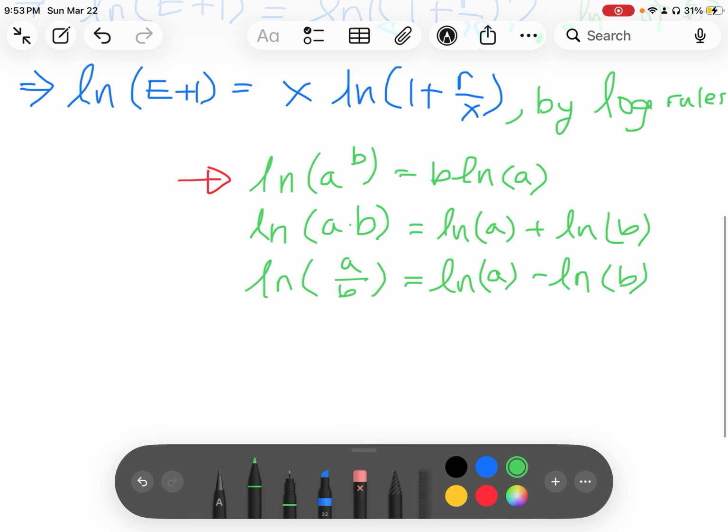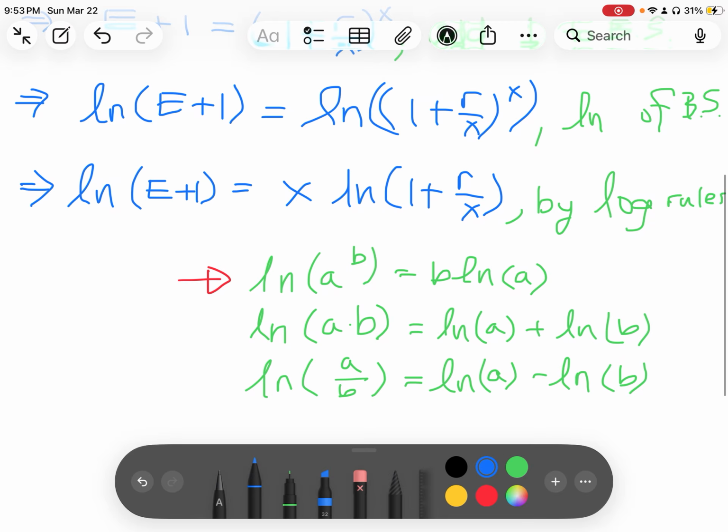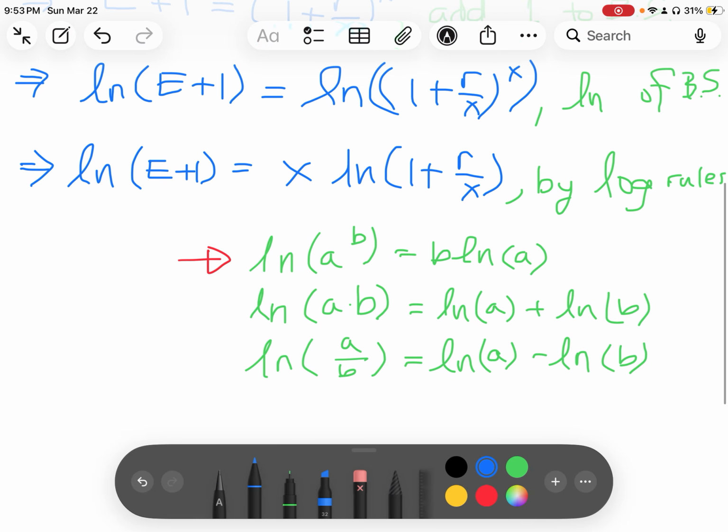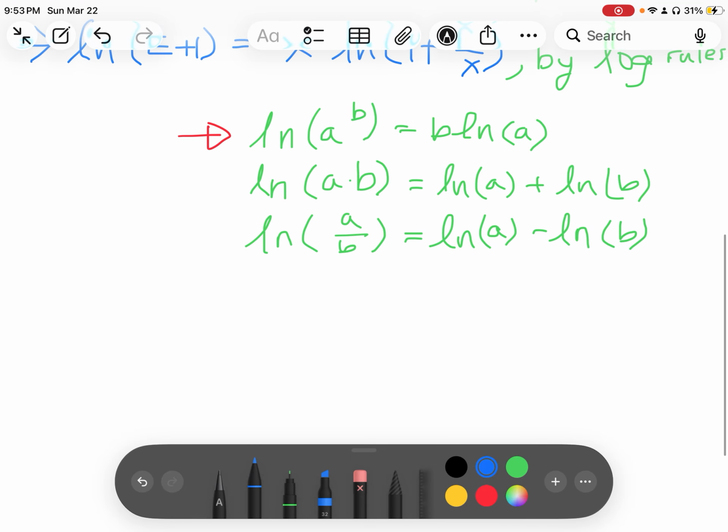Now we have something where we can take the derivative of both sides, and we can use the product rule. I think that's it. So let's do that.